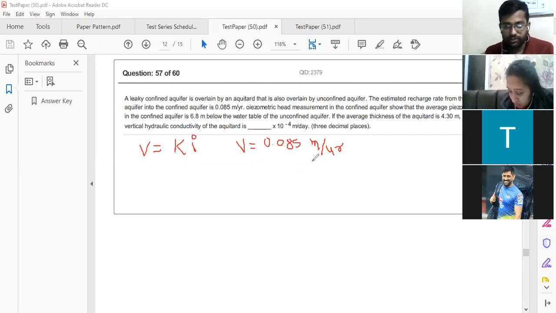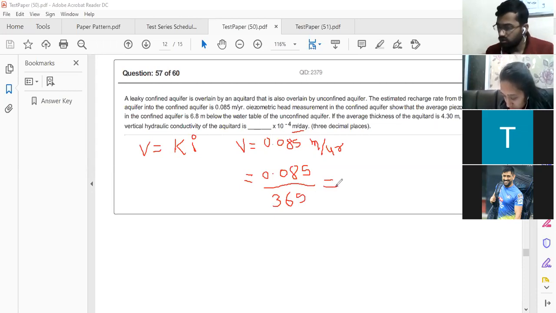First convert this meter per year, because we need it in meter per day. So what we'll do is 0.085 divided by 1 year, which means 365 days. Divide by 365 and you will get meter per day. Your answer is in meter per day.